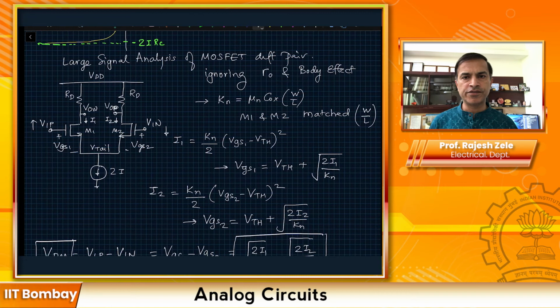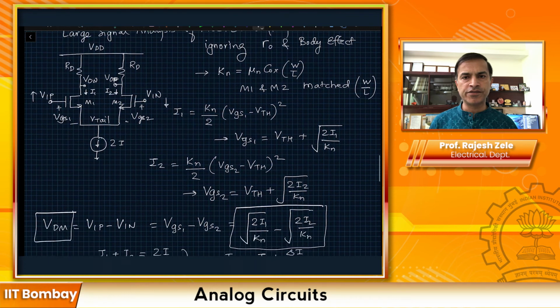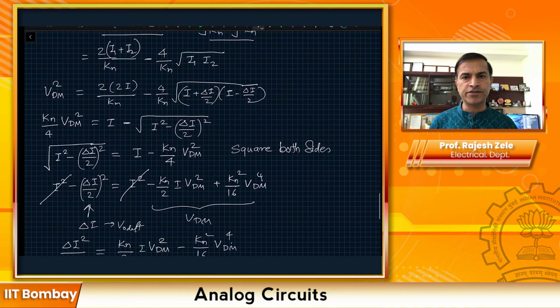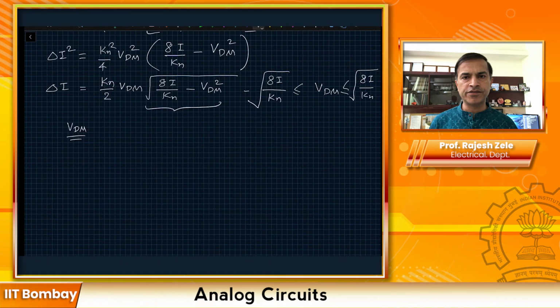After a certain time, transistor M1 will be fully on and transistor M2 will be turned off. Let's assume that Vmax is that voltage. So when VDM is equal to Vmax, the current switches to one side completely, which means your delta I will be equal to 2I or minus 2I.